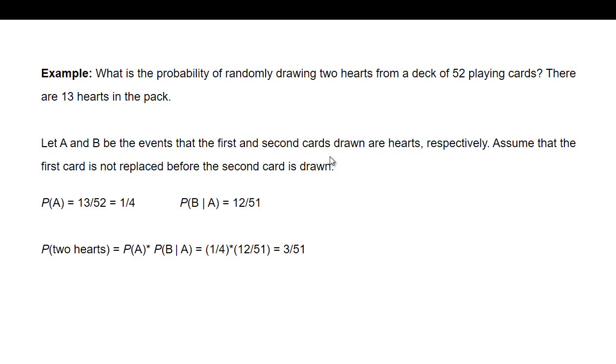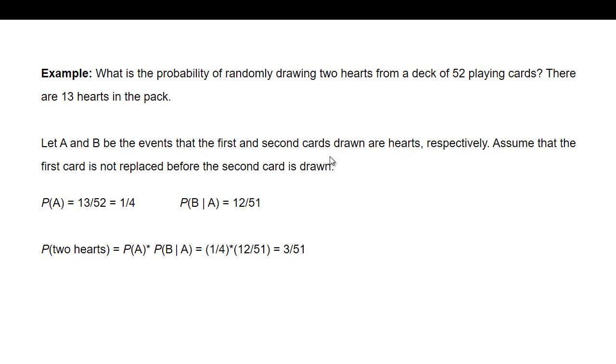The probability of A would be 13 out of 52, which is 1 over 4. The probability of B given A: given that A has occurred, now I have 12 hearts and 51 cards left in the deck, so it'll be 12 over 51.